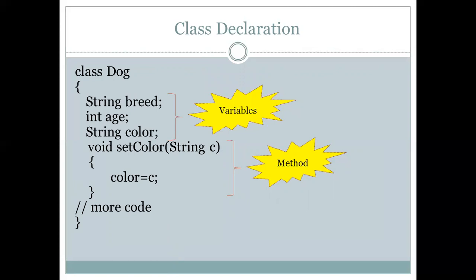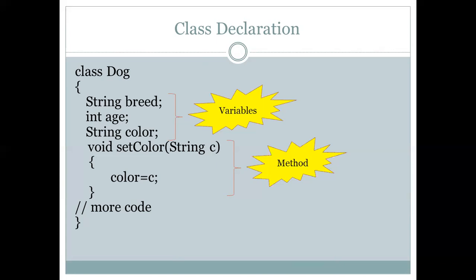You use the keyword class followed by the name of the class. Now I am giving the name of the class as Dog. Always remember, the class name should begin with a capital letter, and then you open the parenthesis and keep listing out all the variables of that particular class.